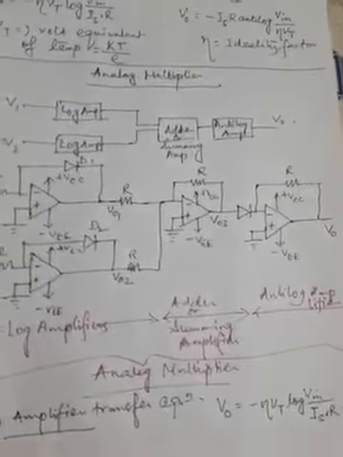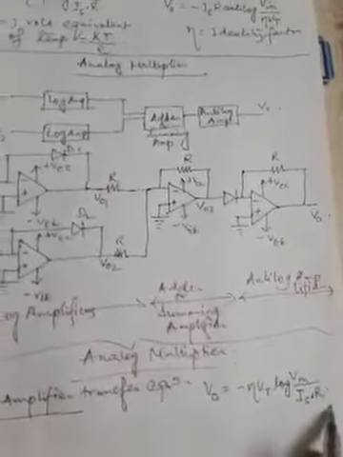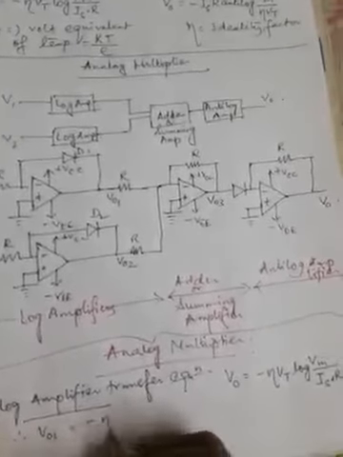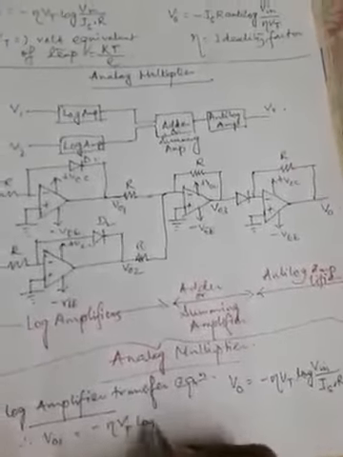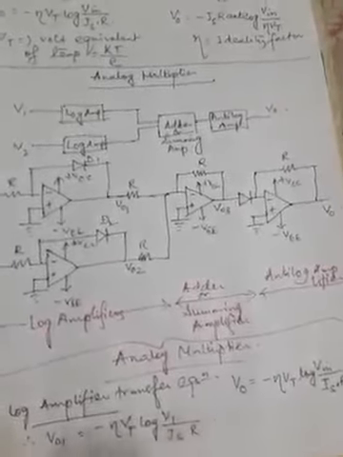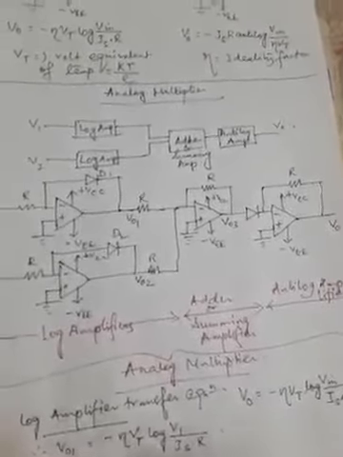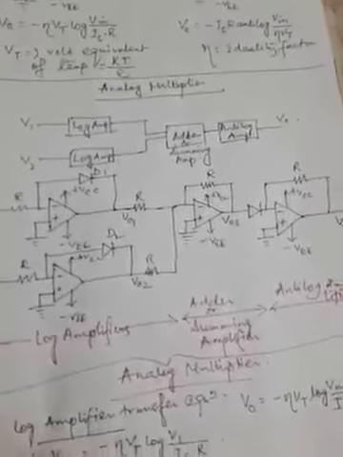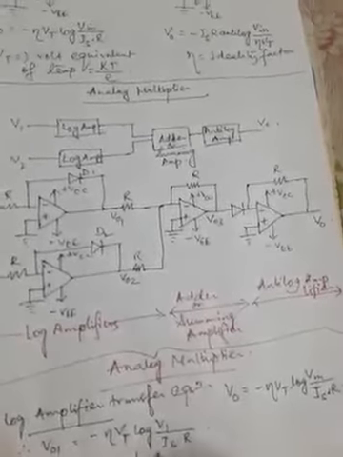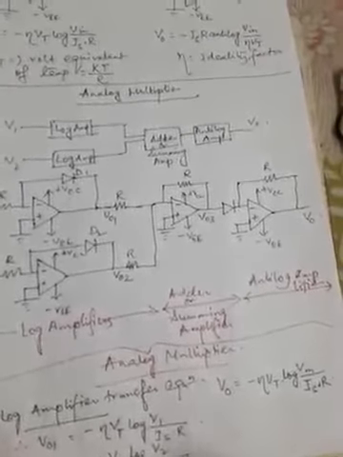Now what should be VO1 and VO2, because these two are log amplifiers? VO1 can be written as minus eta Vt log V1 by Is into R, and VO2 is minus eta Vt log of V2 by Is into R.